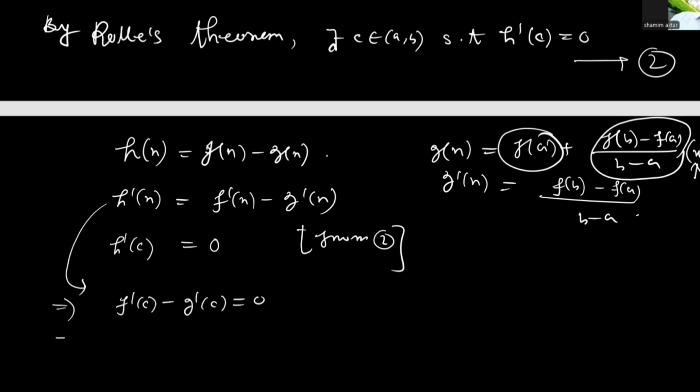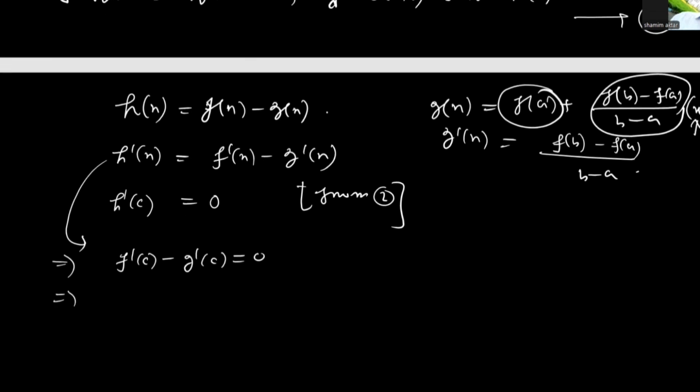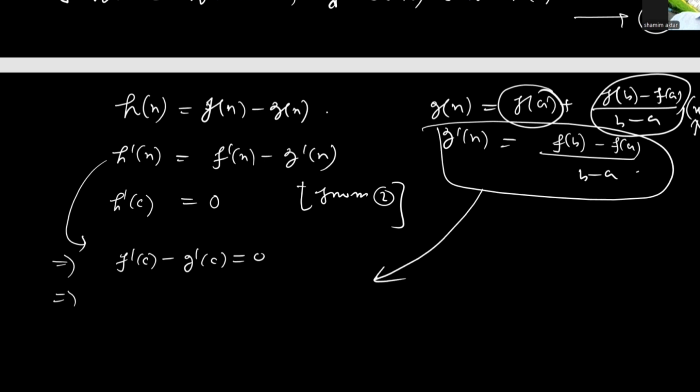So f'(c) minus (f(b) minus f(a)) divided by (b minus a) equals 0.